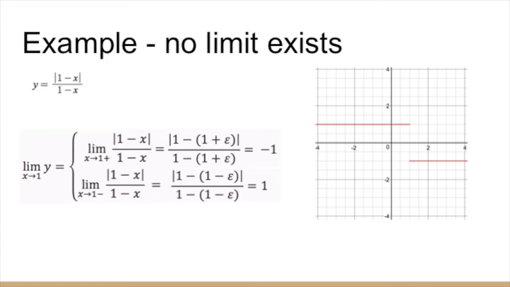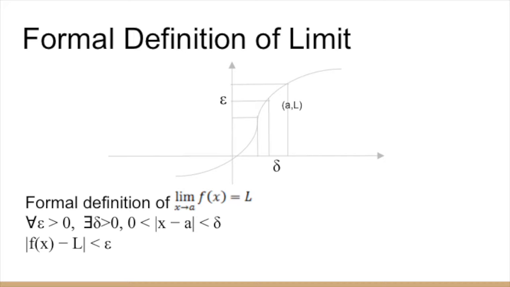The formalized definition of the limit is known as the epsilon delta definition of the limit. Epsilon represents any small positive number so that f of x becomes arbitrarily close to L. f of x eventually lies on the interval L minus epsilon, L plus epsilon.